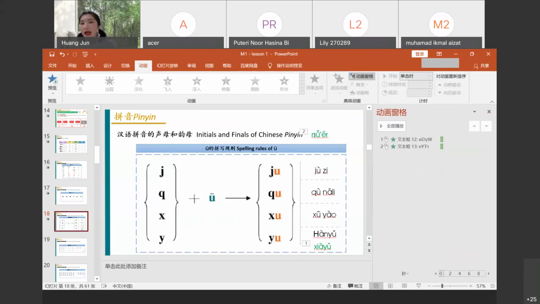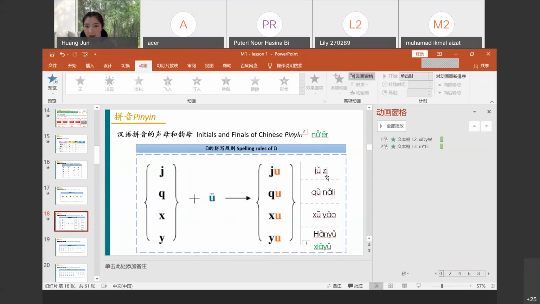If you put it after other letters, they will put the two dots above the word. But if you put it after G, Q, X, Y, these four letters, then the two dots above, you have to remove it. So you cannot put the dots back when you're writing, okay?